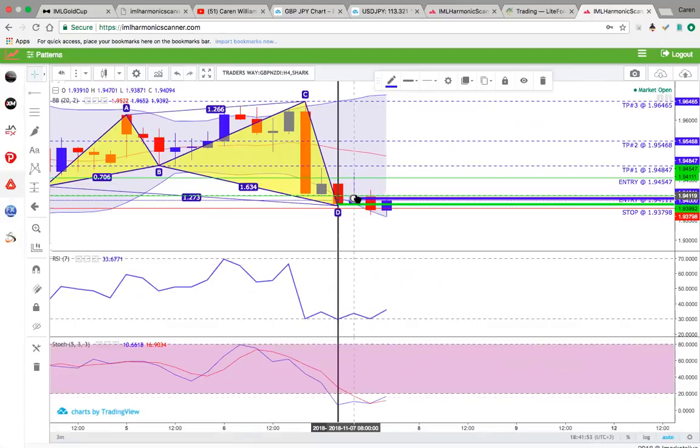That is totally up to you. But I have given you 2 examples here of how you can use this strategy along with the harmonic scanner and secure the bag very easily before take profit 1. All right, so I'm going to do one more example.